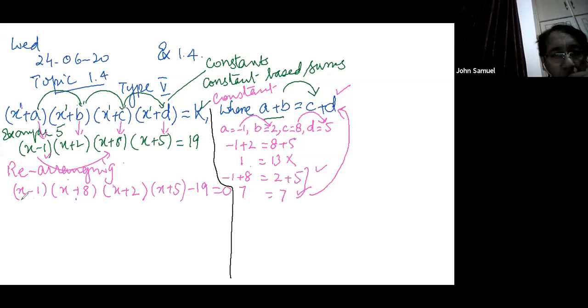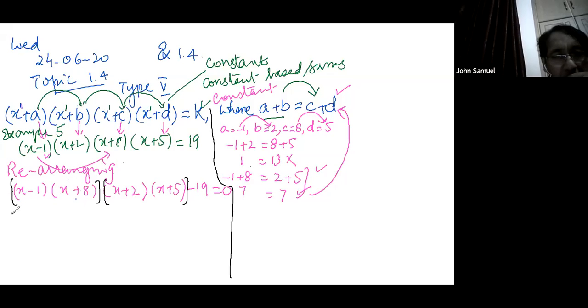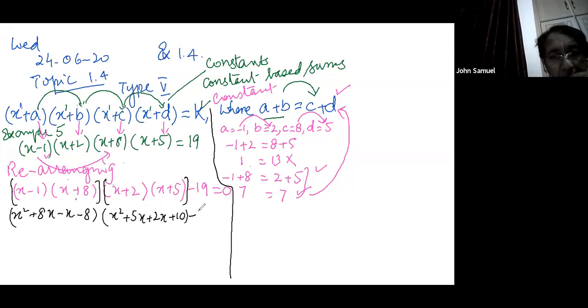Right. So by multiplying these two factors, it could be like this: x into x will become x square, then plus x into 8, 8x, then minus x, and then minus 8. Similarly here, x square plus 5x plus 2x plus 10 minus 19 is equal to 0.